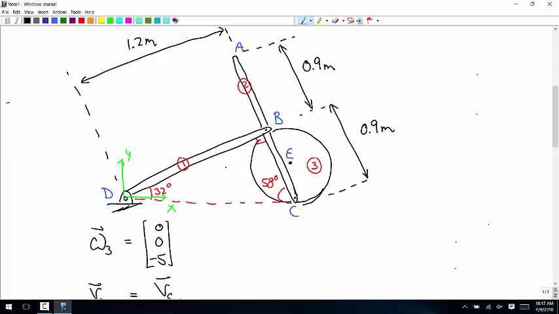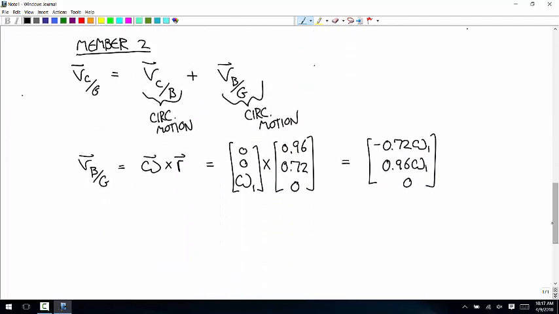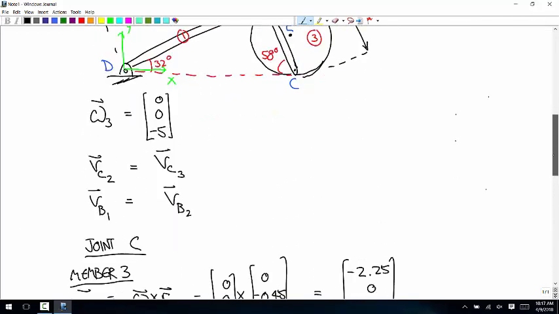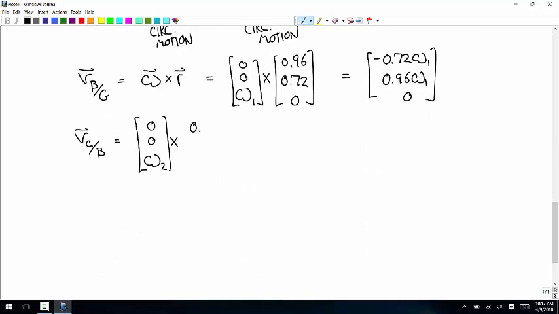And now we'll have to do it with the r vector that goes from B to C. So the velocity of C relative to B is 0, 0, omega 2 crossed with 0.5472, 0.